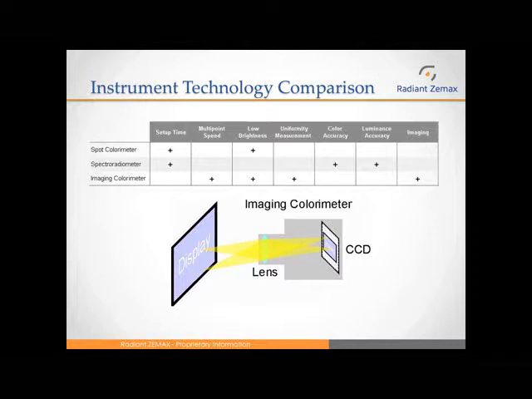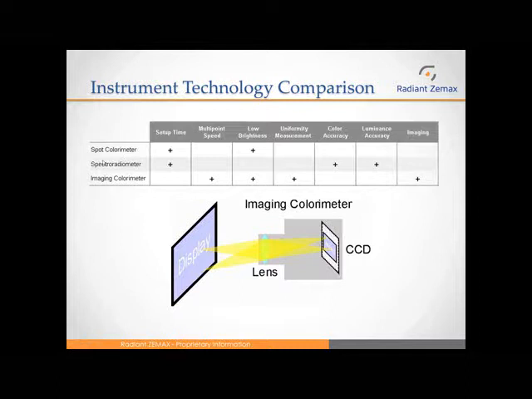It measures a single point, and it measures chromaticity. So like the imaging colorimeter, it does not measure wavelength. Because it measures a single spot, setup time is very fast. It's basically point and shoot. But where we sacrifice is in accuracy and also in the fact that it only measures one spot.